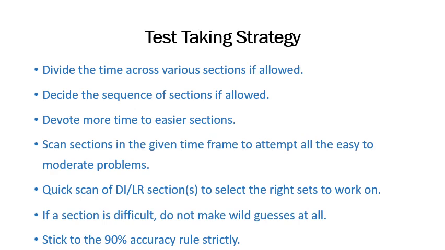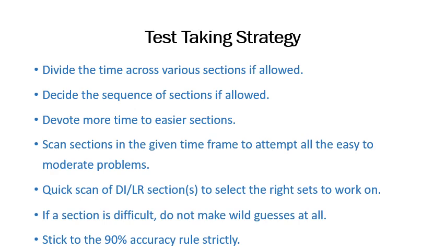Then one can have a quick scan of the DI and LR sections. Why? Because particularly DI is a time consuming section, and many people avoid the DI section of IIFT. Even for the CAT, people normally are afraid of DI and LR sections.